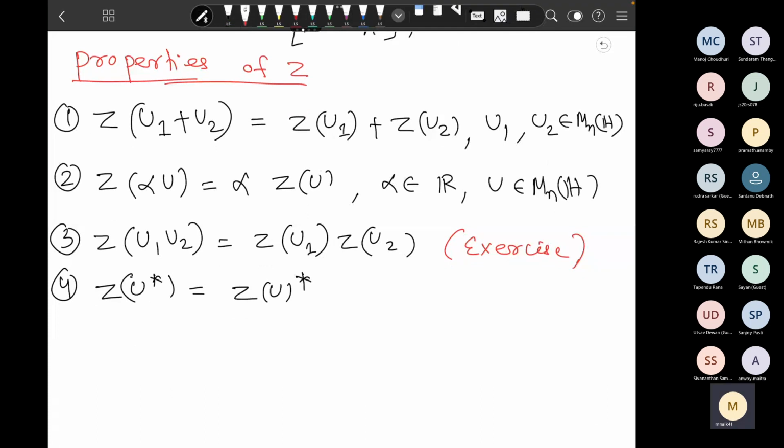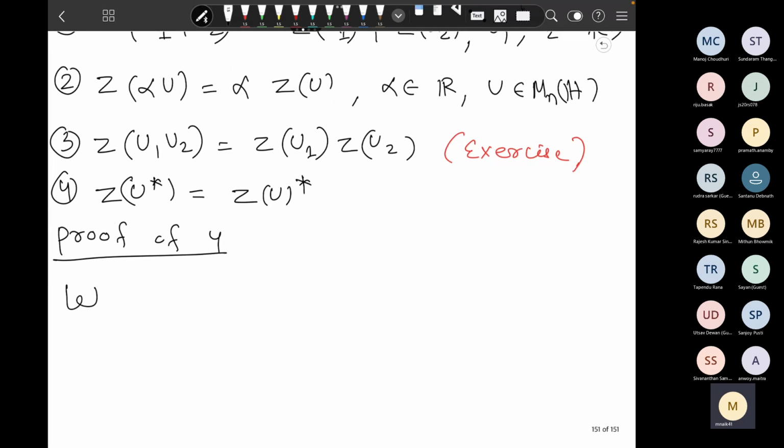Okay, the fourth property I will do. So let U be equal to, say, A plus JB, where A, B belong to MNC. So what will be U star?